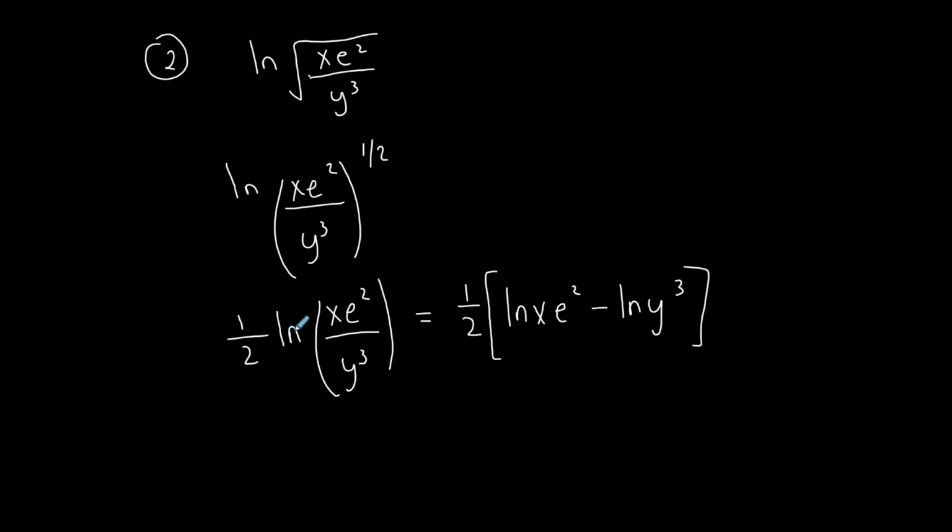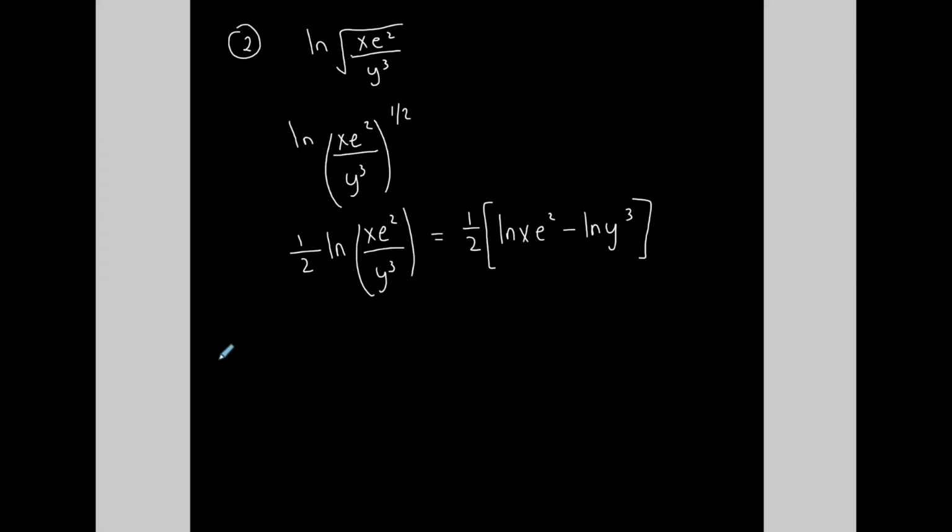This is a log of base e. It separates into the difference of two separate logs, log of the top minus log of the bottom. And that 1/2 is multiplied by this whole expression, so I put brackets here to remember that I have to distribute it. 1/2 gets multiplied by everything.